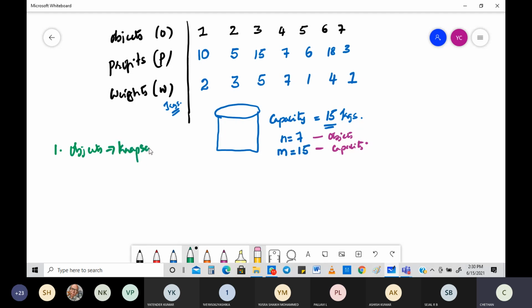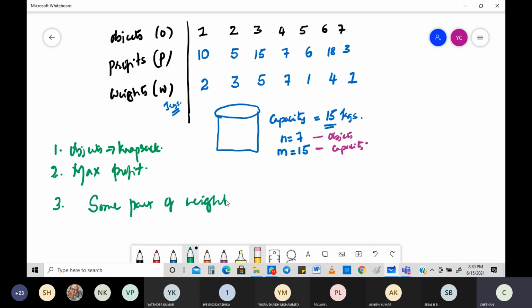Also, the second thing to keep in mind is you need to have the maximum profit possible. Whichever way you can put, you need to have maximum profit. And the other condition they say is you can put even some part of the weight given.